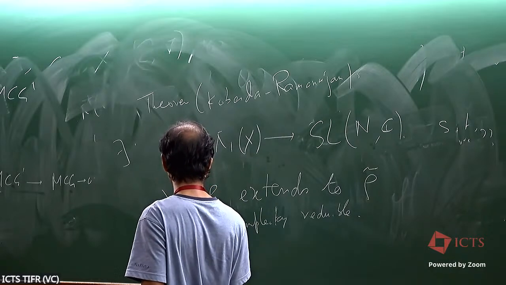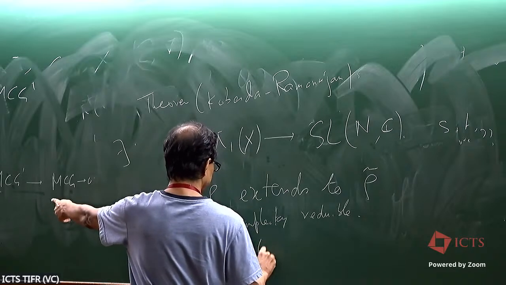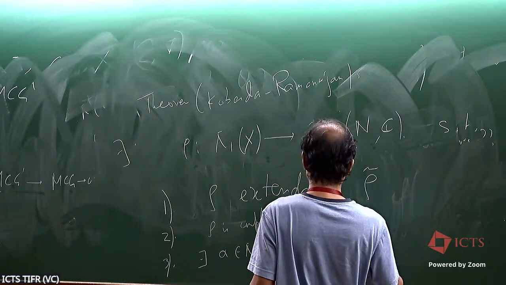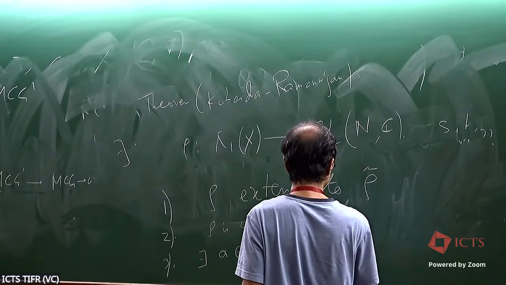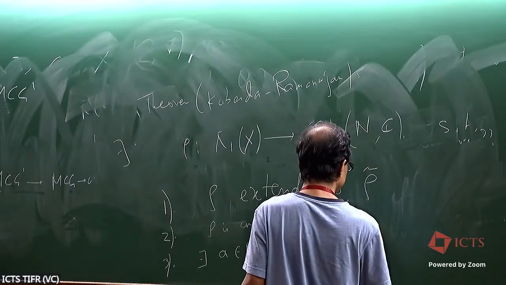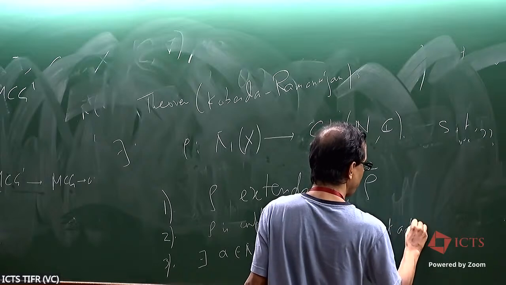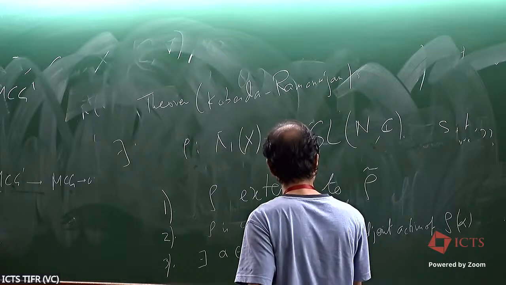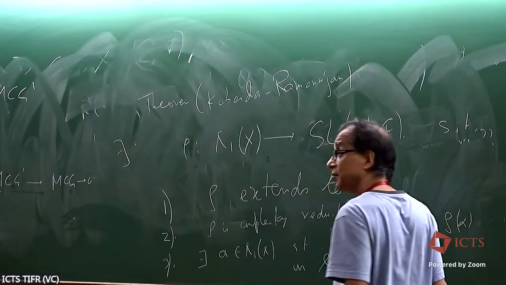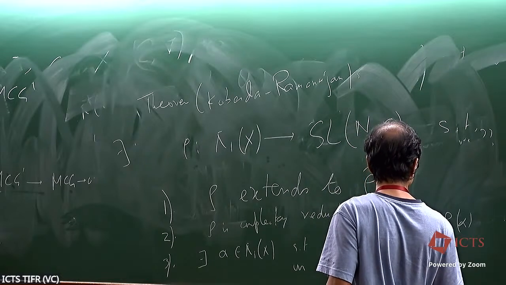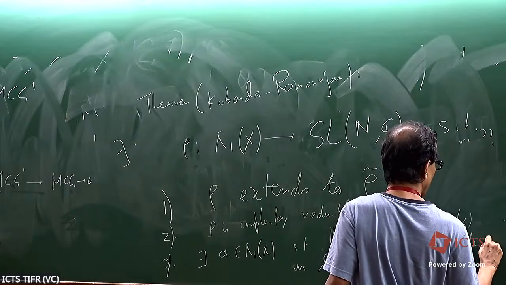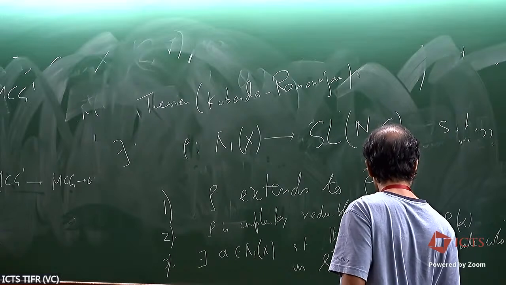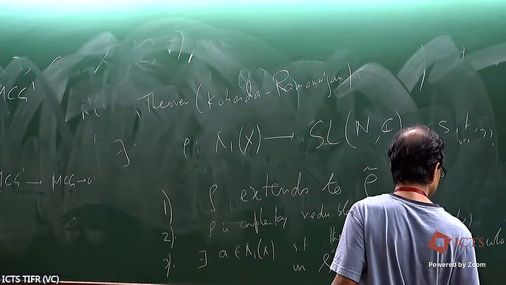There exists alpha in pi1 of X, an element here, such that the adjoint action of rho of alpha on the Lie algebra of SLNC, this is a Lie algebra, has an eigenvalue whose absolute value is strictly greater than 1.